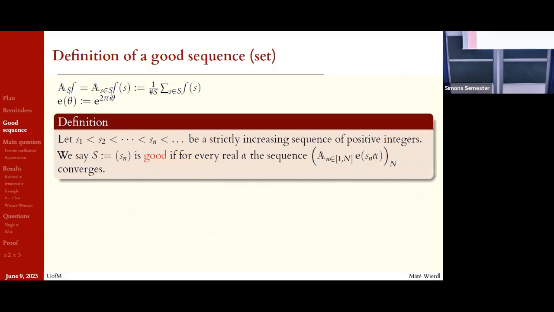It has no content, because I have a very short memory, especially when it comes to formulas. So here is a definition. We take a strictly increasing sequence of positive integers, sometimes I refer to it as a subset of the integers.